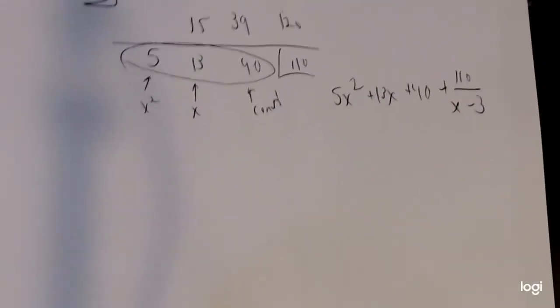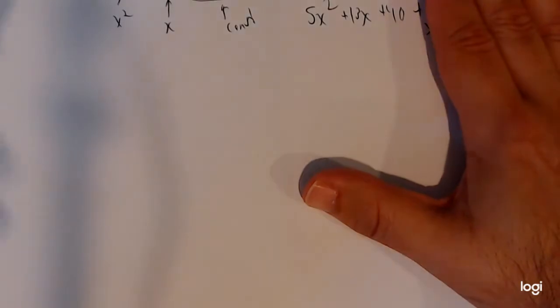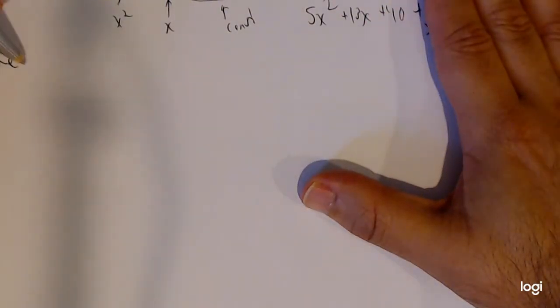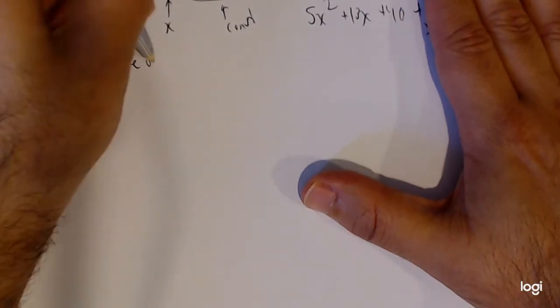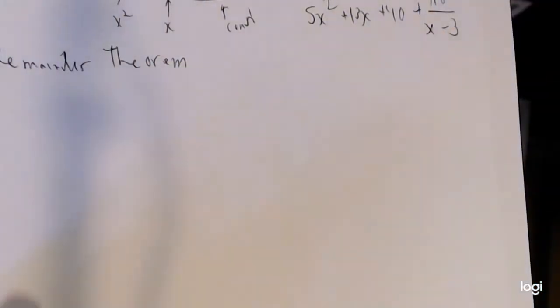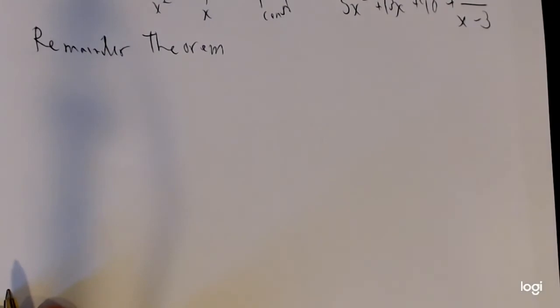Okay, so let's move on to our next theorem, which has to do with the remainder theorem. So the remainder theorem is a very nice and convenient way of checking to see if a binomial is a factor of a polynomial.